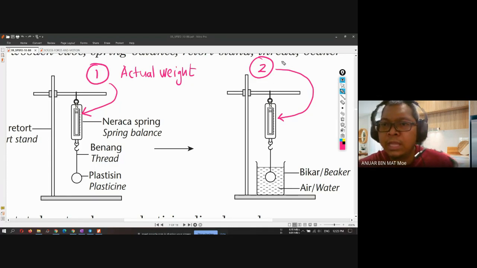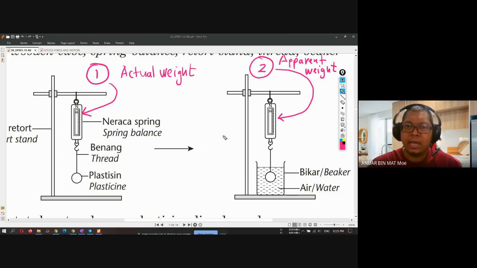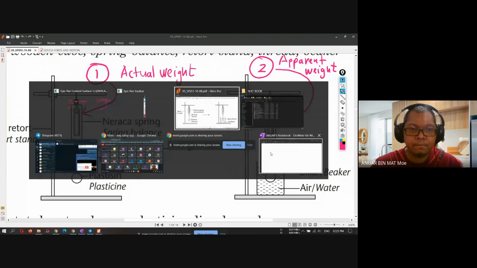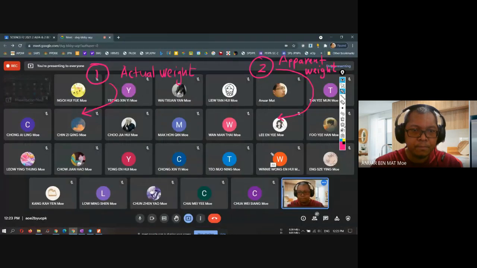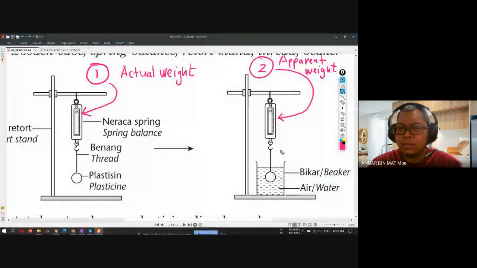So you take the apparent weight from the spring balance. There are two measurements here. The first, the actual weight outside the liquid, and number two, the apparent weight, taken after you put the object inside the water.